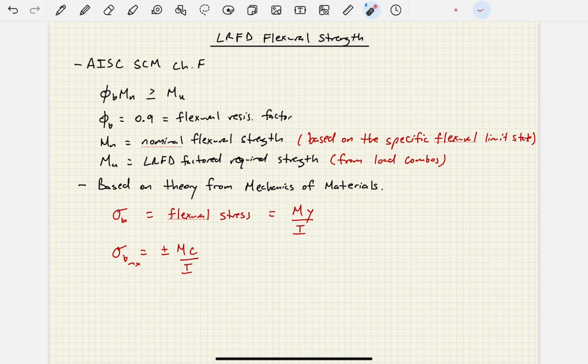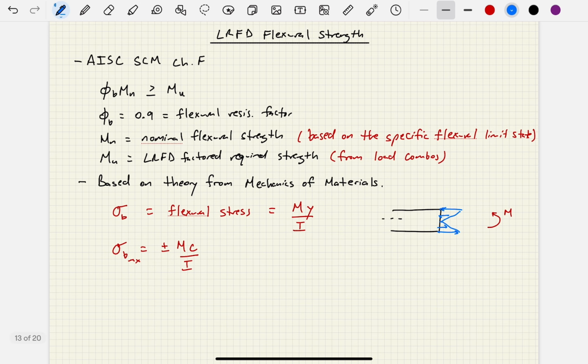All right, so if we recall again some knowledge from Mech of Materials, if we have a beam here and we have maybe a moment M, then we would have this flexural stress distribution. You have a compression zone and you have a tension zone, and you had a neutral axis here.